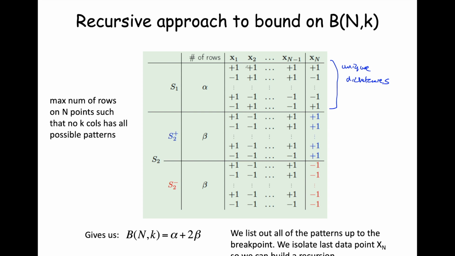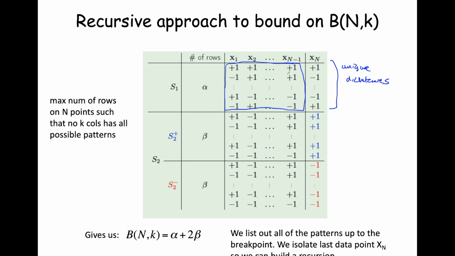And so here, this +1, -1 uniqueness is going to be with respect to the first n-1 inputs. And so for the first n-1 positions for all of the dichotomies in this first section in the table, each one of these +1, -1 dichotomies, these labels for n-1 many inputs, are going to be unique.